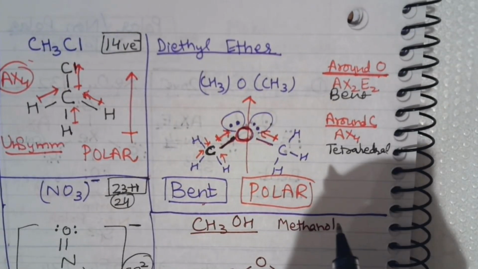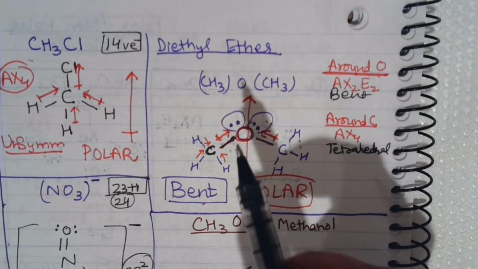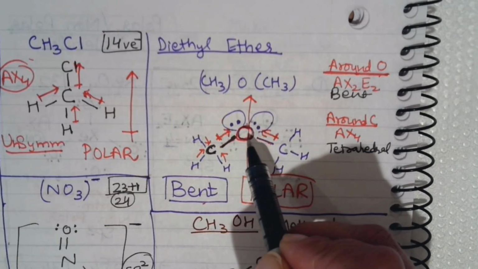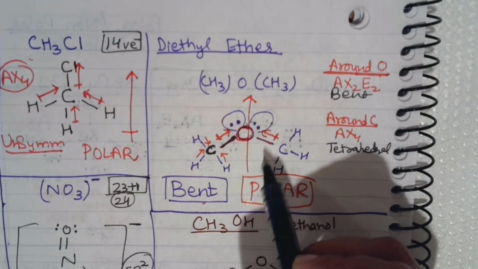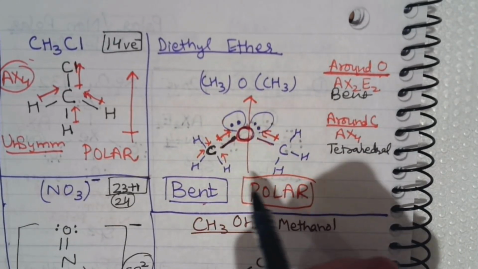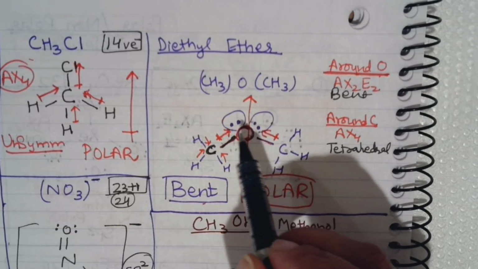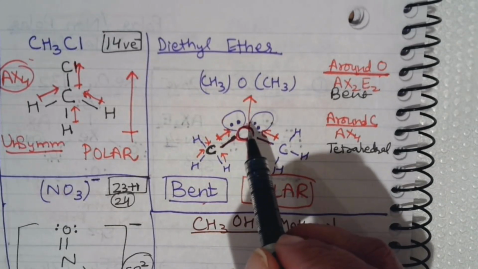Each carbon has a tetrahedral geometry, whereas the whole molecule is bent because oxygen has 2 lone pairs, right? So the molecule is polar because of the lone pairs on the oxygen atom, right?